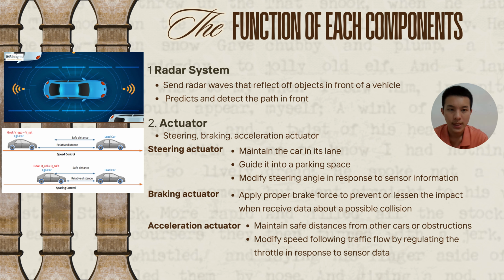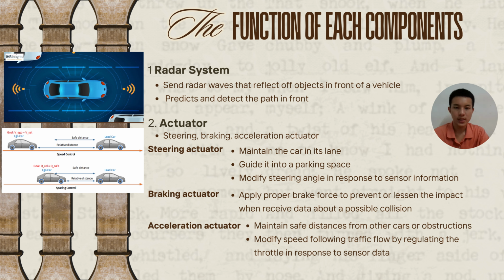The actuator can be a steering, braking, or acceleration actuator. The steering actuator helps to maintain the car in its own lane so that it won't go off its lane. Besides that, it can also guide the car into a parking space, modifying the steering angle in response to sensor information.